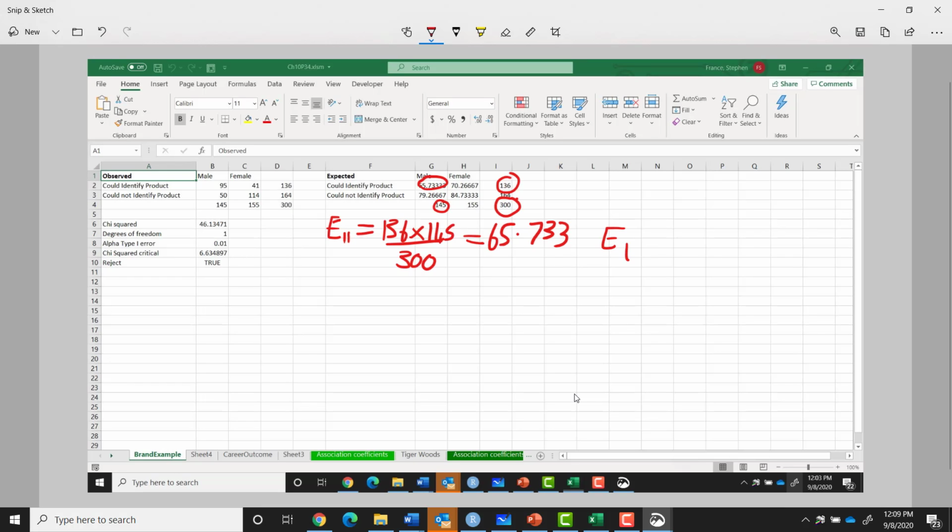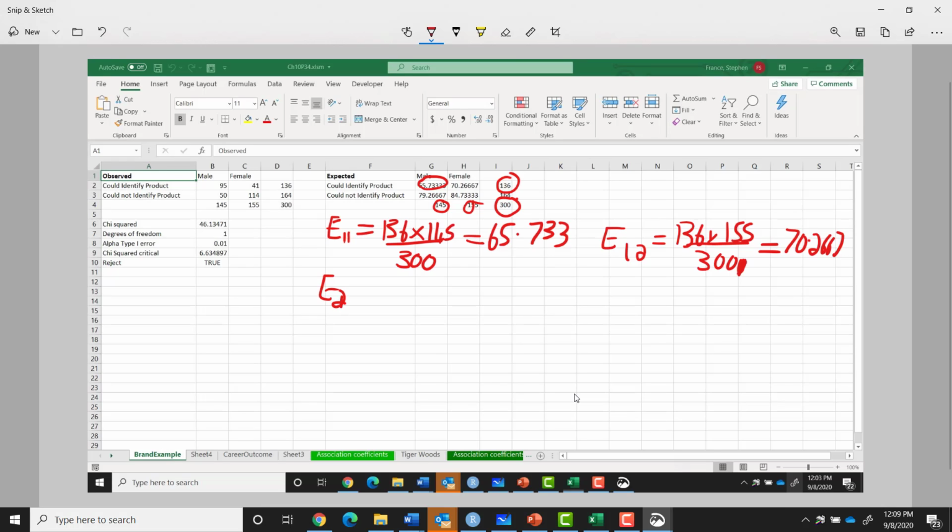For row 1 and column 2, it's still going to be 136, but this time 155 is my column total, divided by 300, and that's going to be 70.2667.